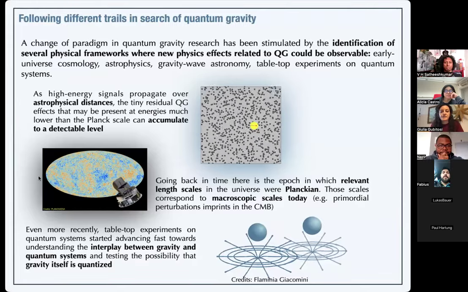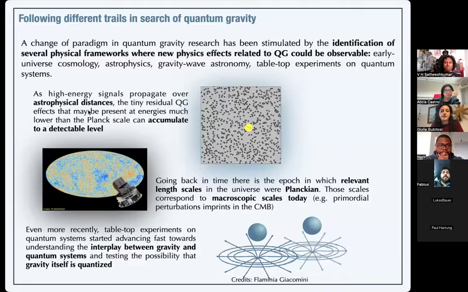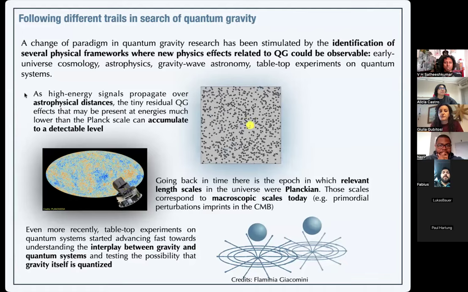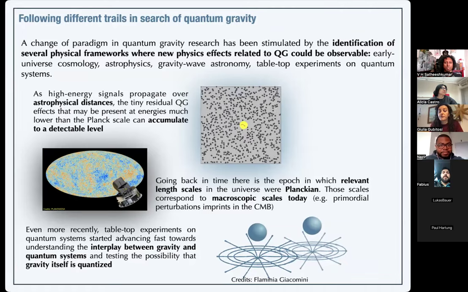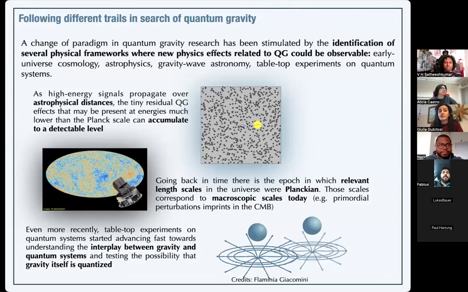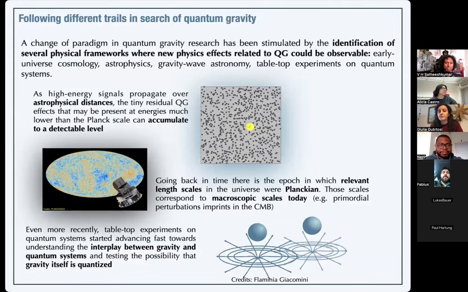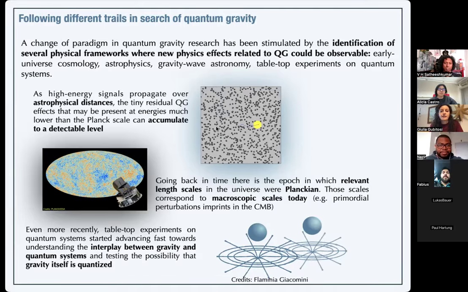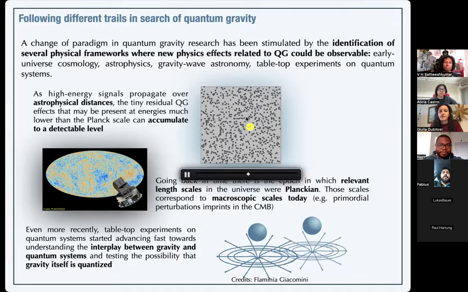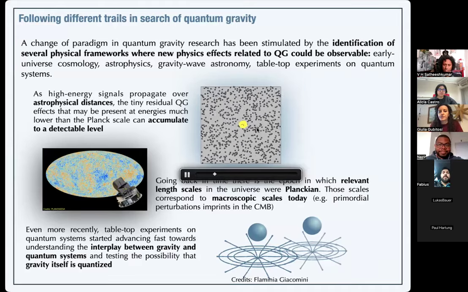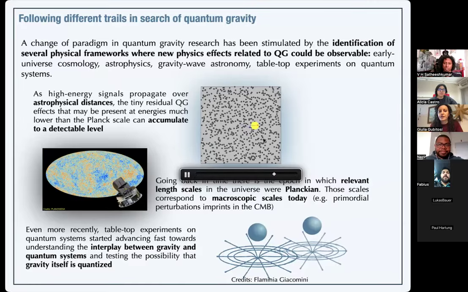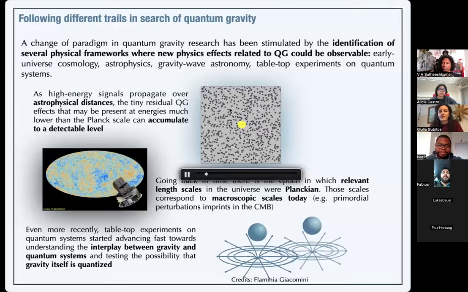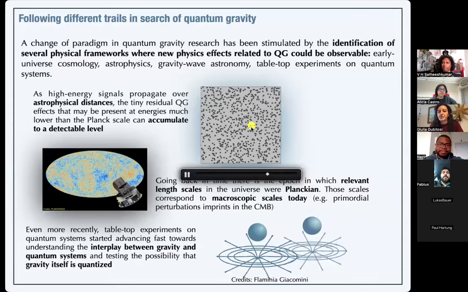And some ideas that have emerged concern the fact that when you look at signals from astrophysical sources, they travel for a very long time. And if they travel in a quantum space-time, you may see accumulation of these effects, a little bit like what happens in Brownian motion, okay? You deduce the molecular nature of water because you see the motion of little grains of dirt moving on it.